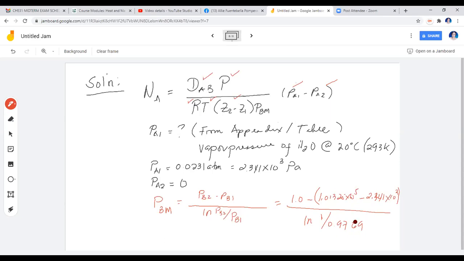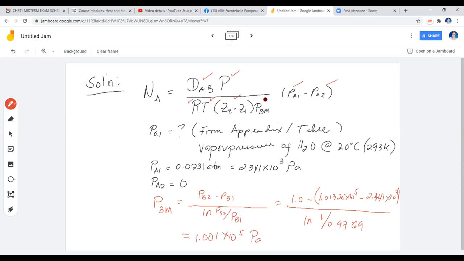There's no need to convert unless your units are not the same, whether we're talking about English or SI sets of units. So if you have already substituted the values, you will have a PBM equal to 1.001 times 10 raised to 5 Pascal.